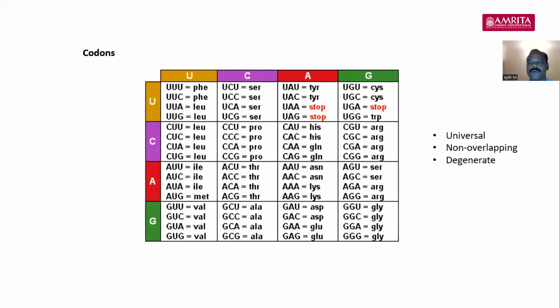But there is an issue. There are only 20 amino acids, but you have 64 codons. The 3-letter designations that code for an amino acid are called codons. But 20 amino acids, you have 64 codons.